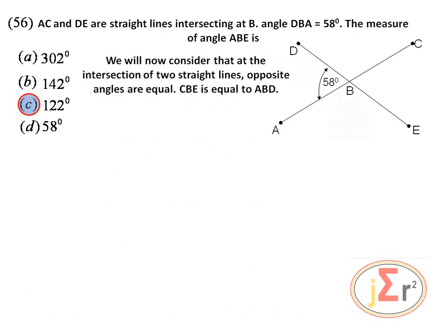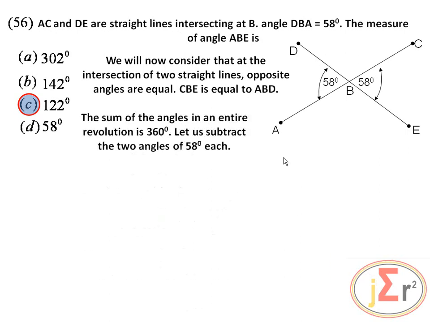We will now consider that at the intersection of two straight lines, opposite angles are equal. CBE is equal to ABD. And we know that these two are equal. The sum of the angles in an entire revolution is 360 degrees.